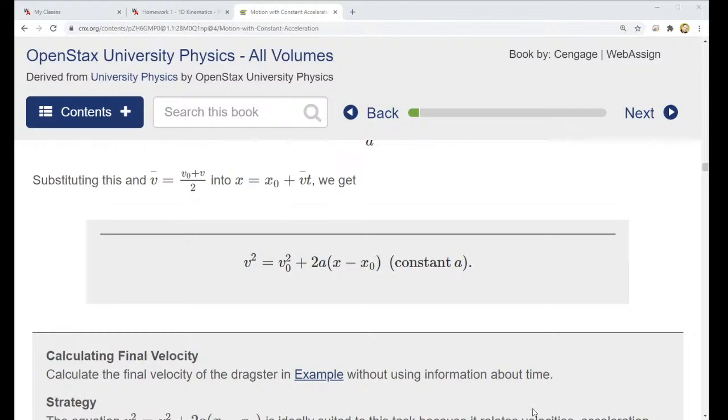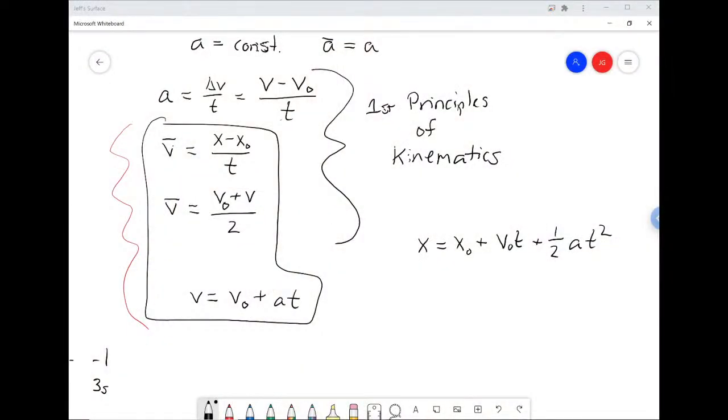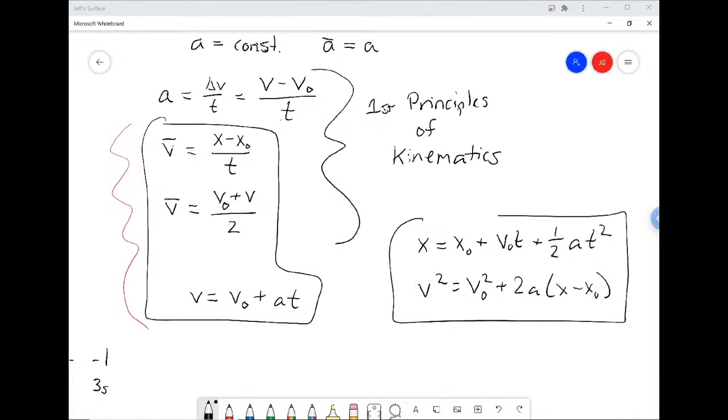So we get a fifth equation to add to our kinematics toolbox. All right, so let's write that down. v squared equals v naught squared plus 2a (x minus x naught).